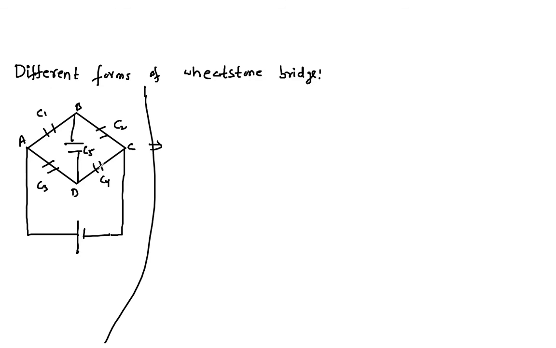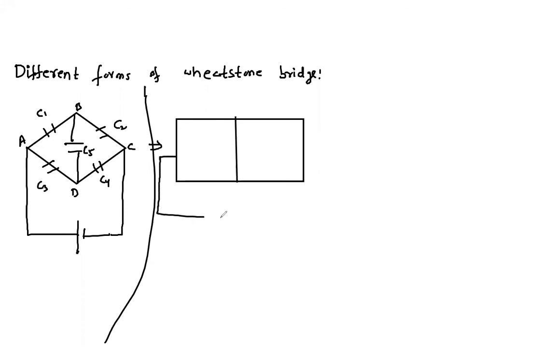See, just by modifying these wires, you can transform this circuit into various forms. One of the possibilities is this. This is C1. This is C2.